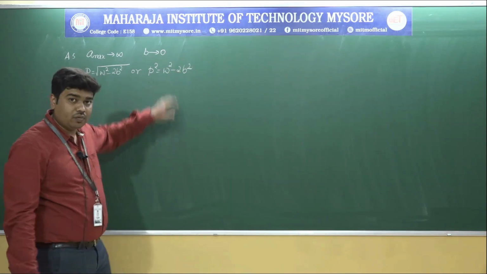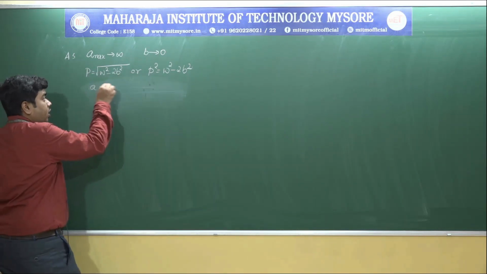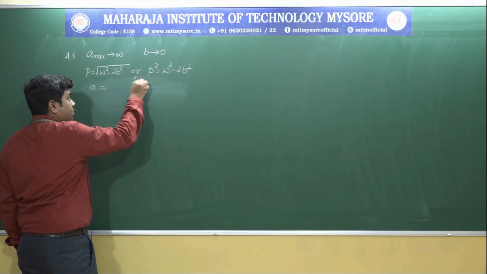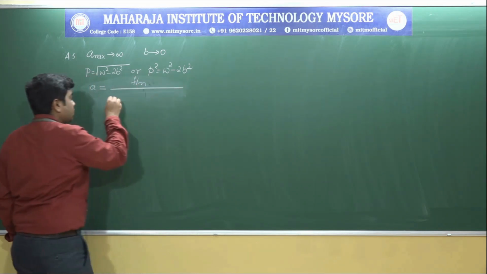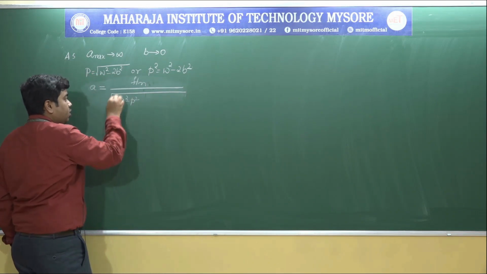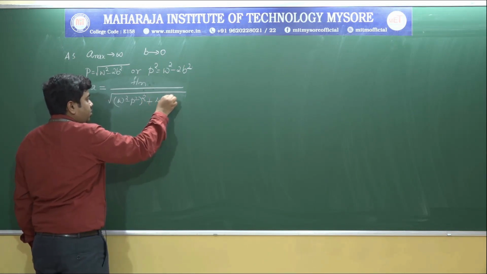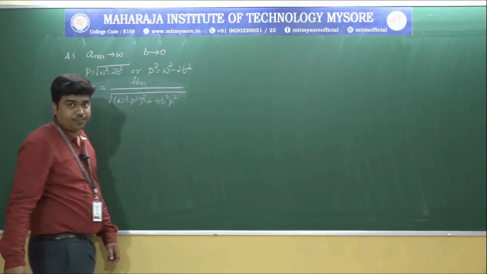Now, this value of p square we will substitute in the equation of the amplitude. We know the equation for the amplitude is given by A is equal to (F by m) divided by square root of (omega square minus p square) whole square plus 4b square p square.